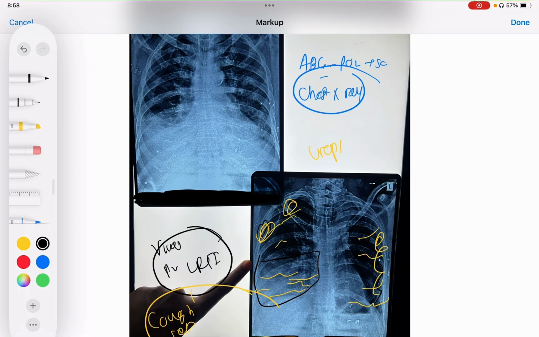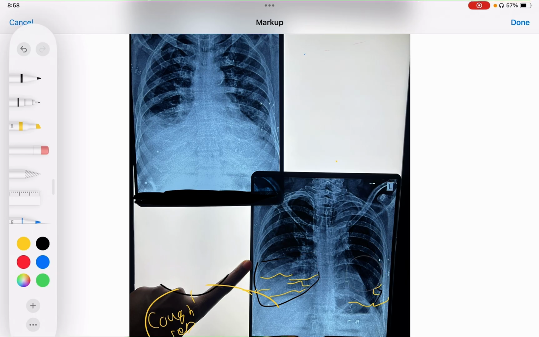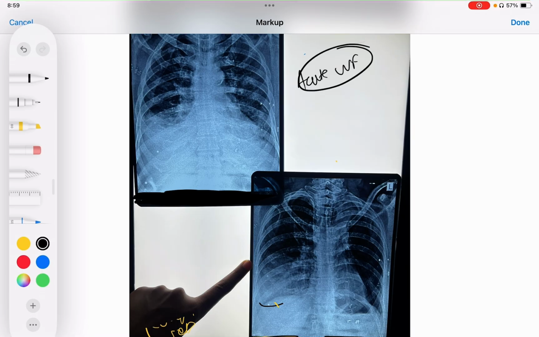Other things which can definitely cause hypoxemia, very commonly, is a heart issue. So the patient may have acute left ventricular failure. If the patient has left ventricular failure, we know that the heart pumps blood to lungs, in lungs it gets oxygenated and again goes to the heart.